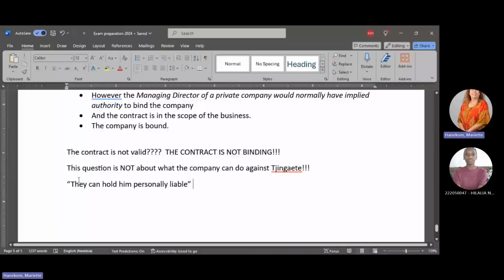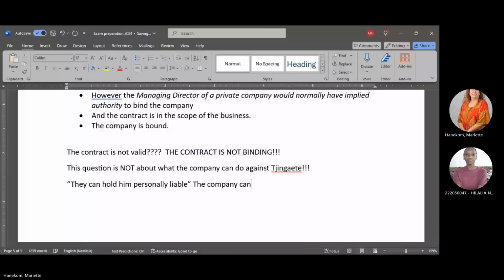And no, they cannot hold him personally liable. There is no provision in the law for them to hold him personally liable. At most, they can claim damages if they can prove that they suffered damages.